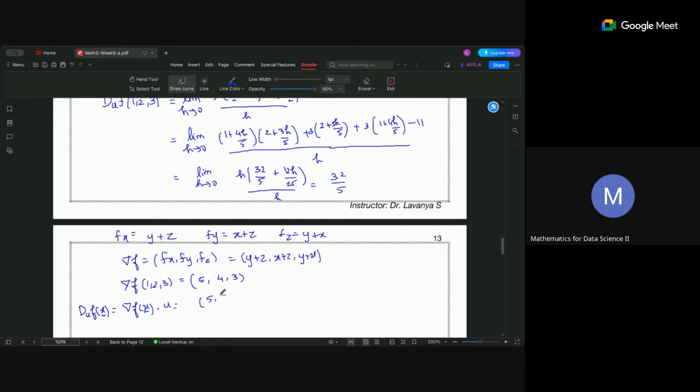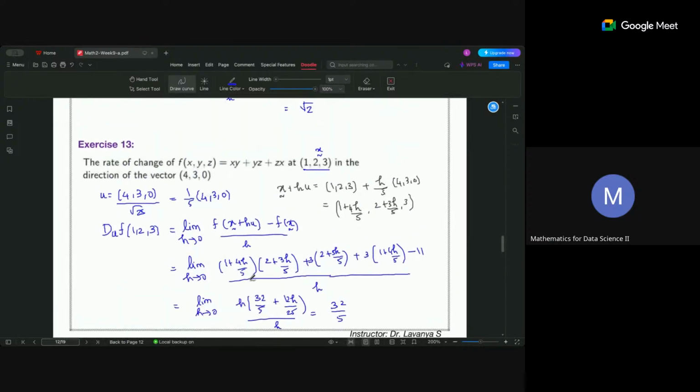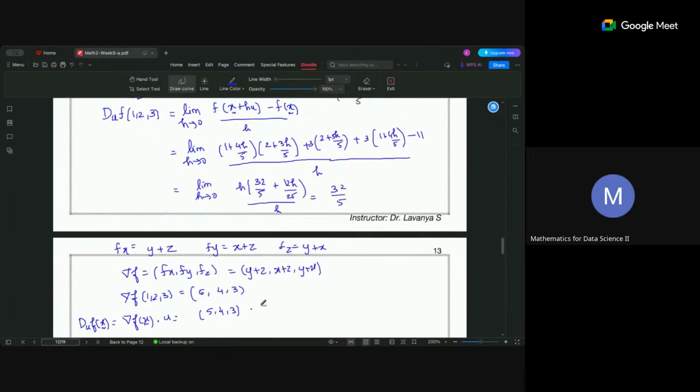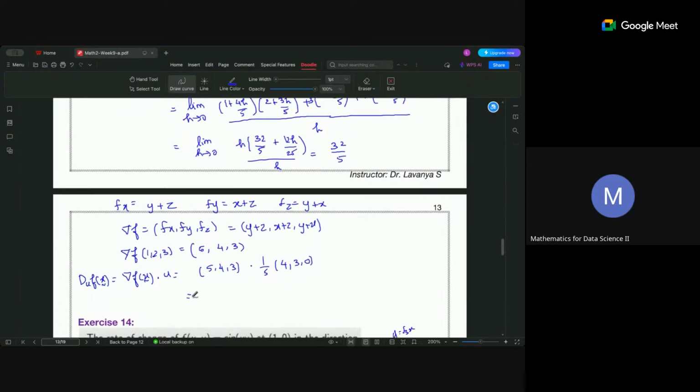So (5, 4, 3) dot (1/5)(4, 3, 0). What is the answer? You have 4 plus 12/5 plus 0, which is 32/5.